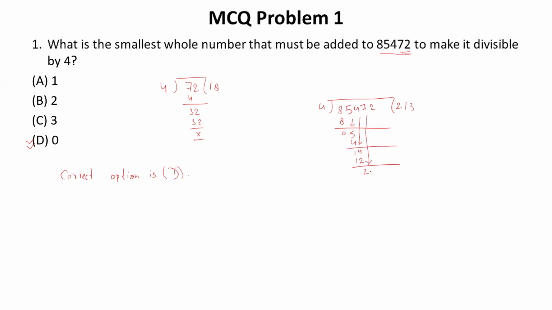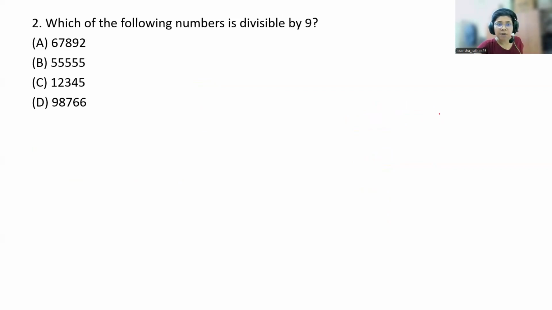Take 7 down. 27, so again it is 6, you will have 24, remainder 3. Take 2 down. And 32 means 8. This is 32. It is actually divisible by 4. Is that fine? So rules are pretty simple and they are working rules.